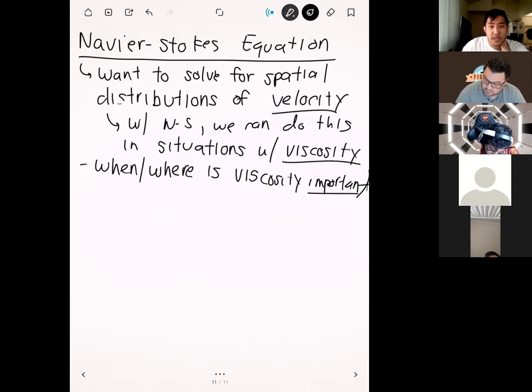Potential flow is nice because it gives us a pretty good way to compute velocities and pressures, but it can't be applied everywhere. The first situation where we need to use Navier-Stokes is a flow that goes through narrow spaces or narrow channels.